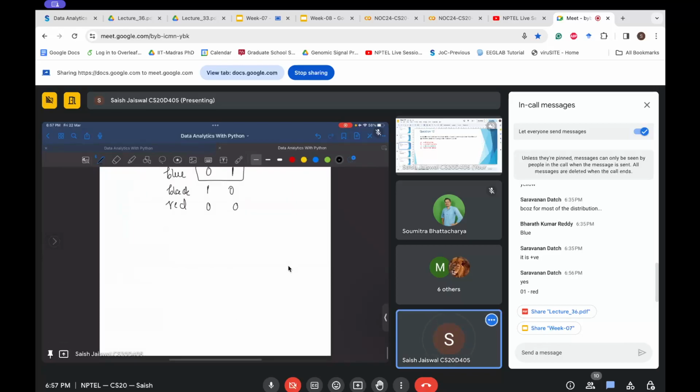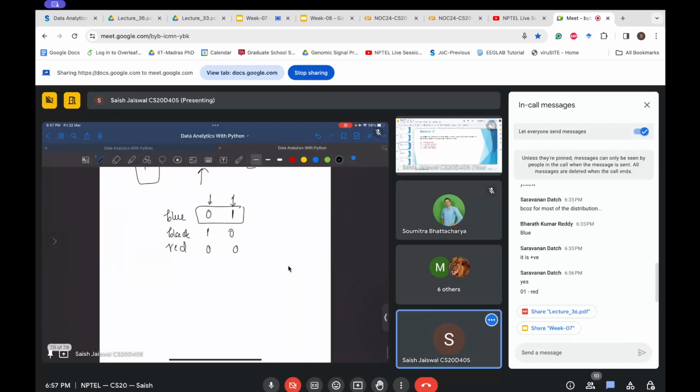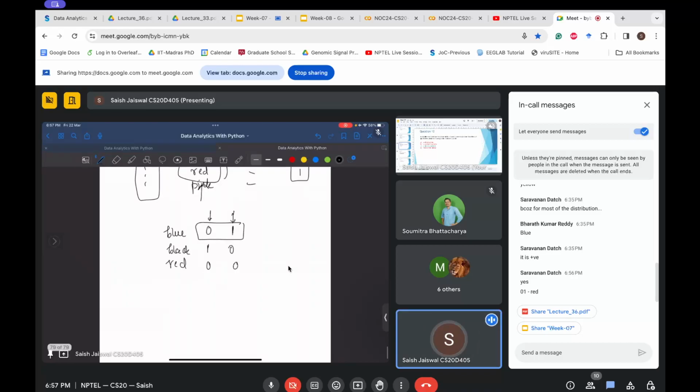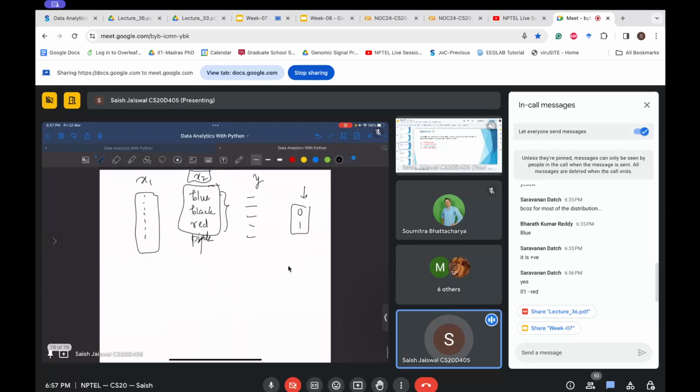Okay. So let's say we have one more value, pink. So what will be the representation? In this case we will have to use 3 dummy variables. Blue will be 0 0 1, black will be 0 1 0, red will be 1 0 0, and the absence of all these will be represented for pink.